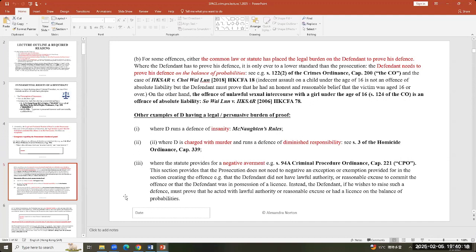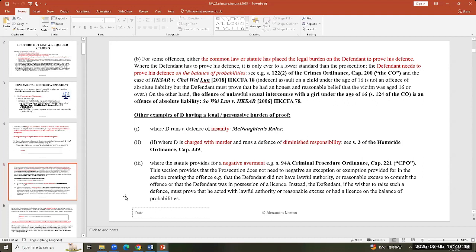Another example is the provisions in Section 94A of the Criminal Procedure Ordinance. So what we call the negative averment. You'll see that for some offenses, it's an offense to do something without lawful authority, or without a license, or without reasonable excuse. What Section 94A says is that the prosecution do not need to prove or counter the negative, right?